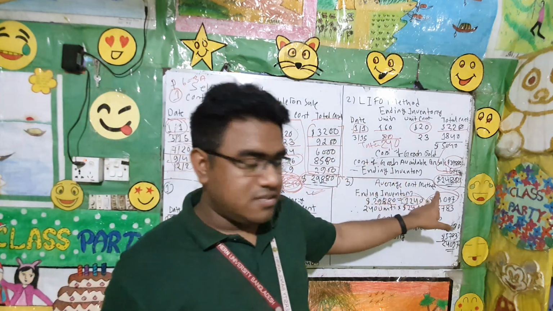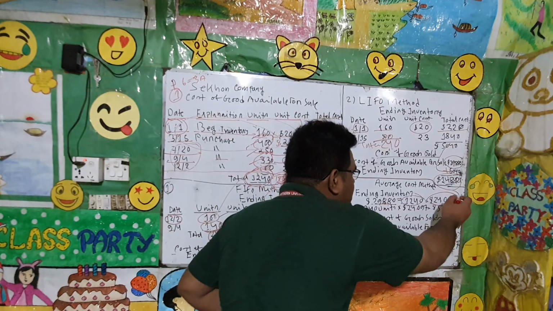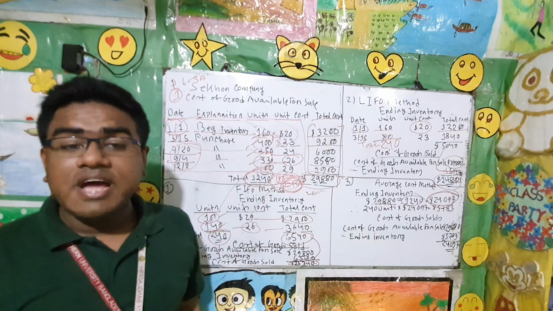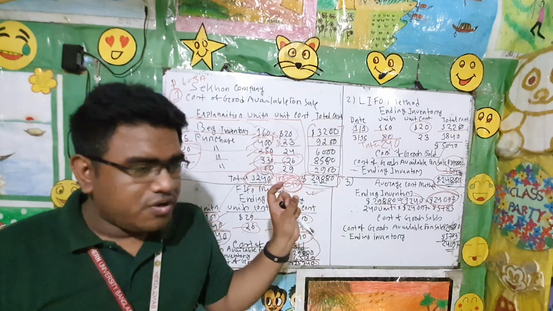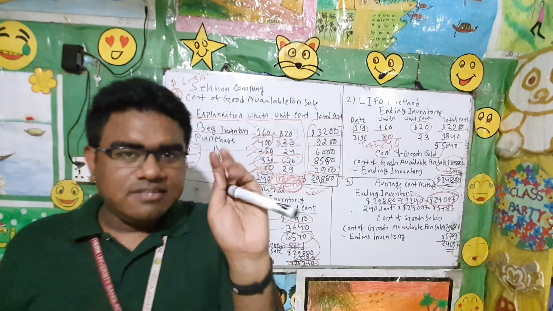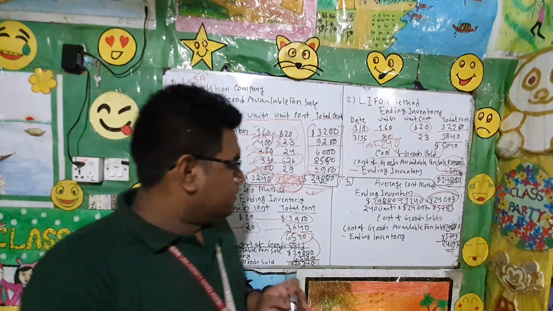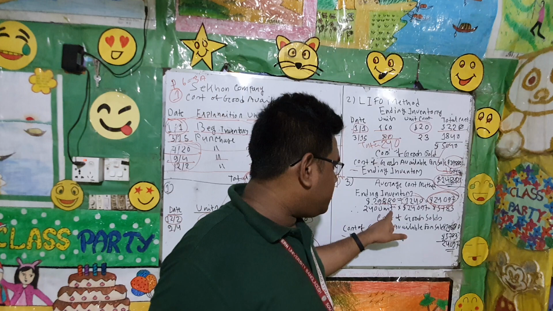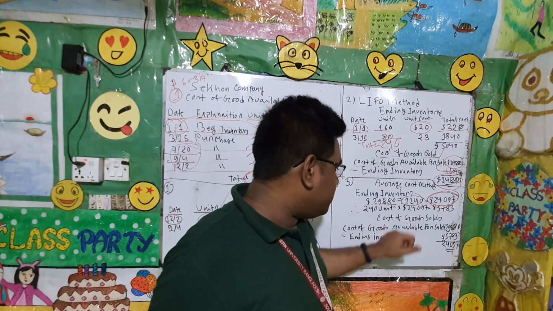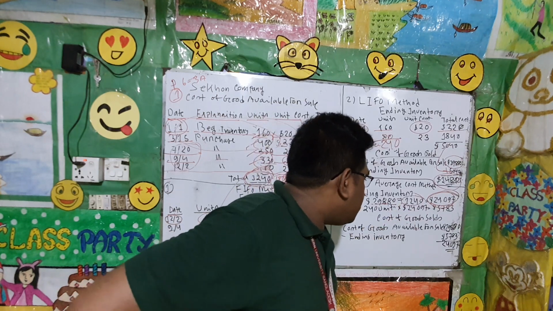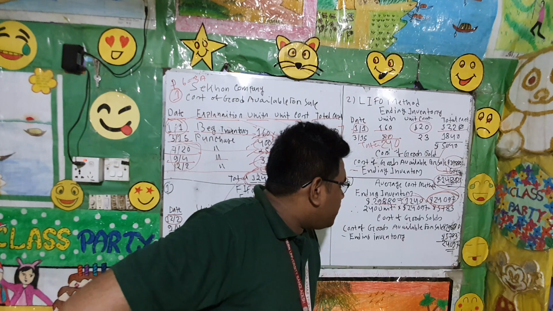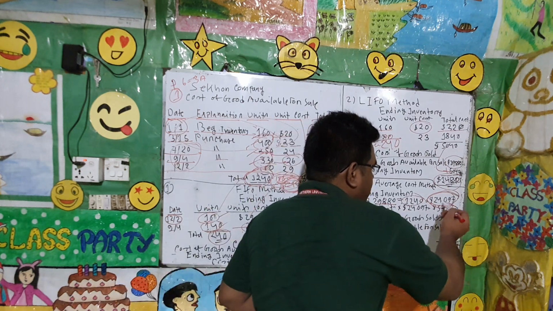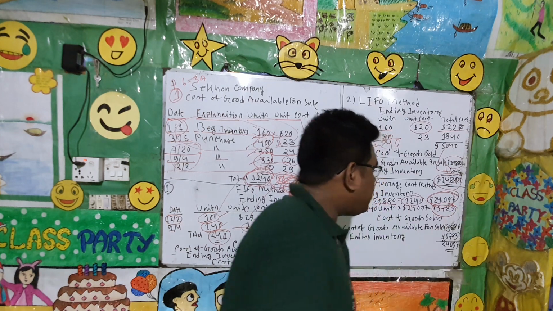But if you average it, you get only 24 and something. That's the average. So for 240 units, you need to multiply 240 by 24.097. So you will get the ending inventory of average costing, 5783.